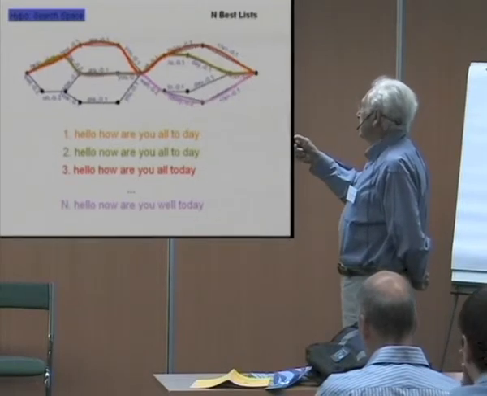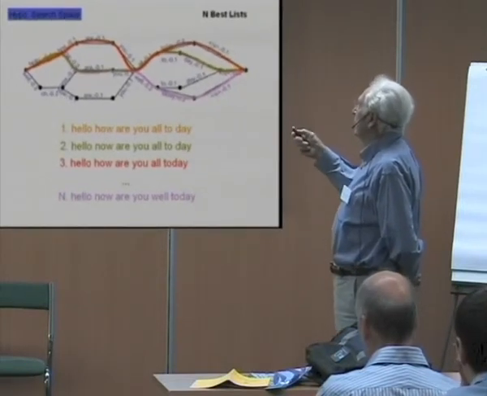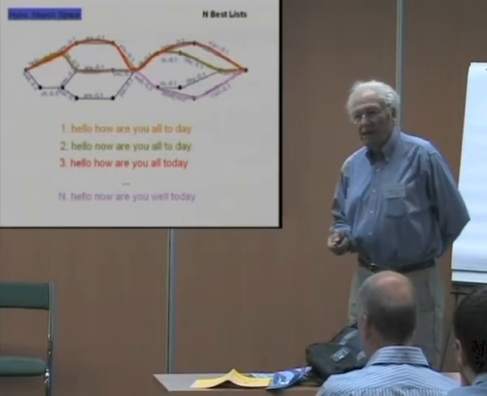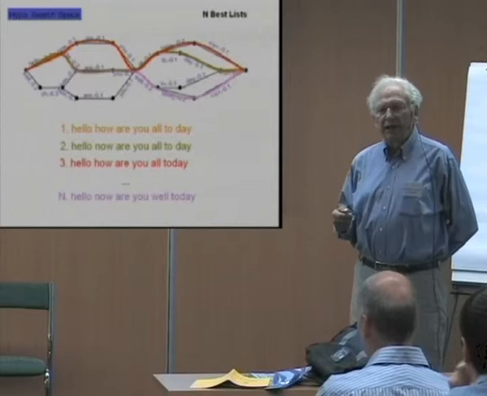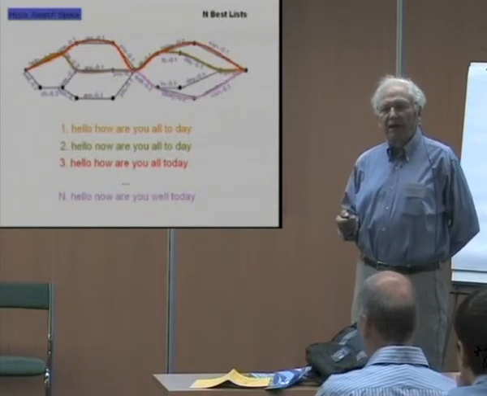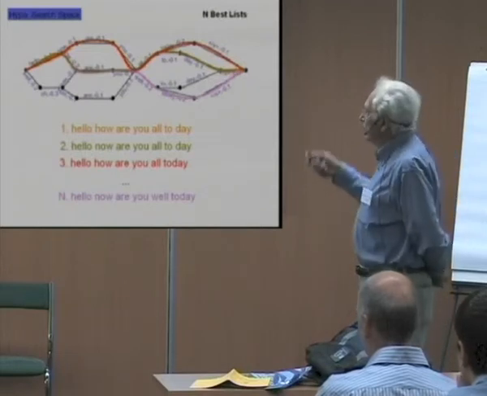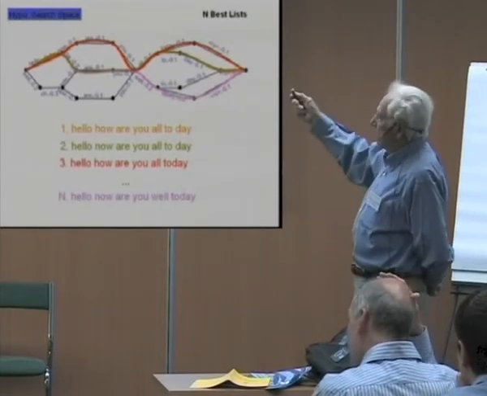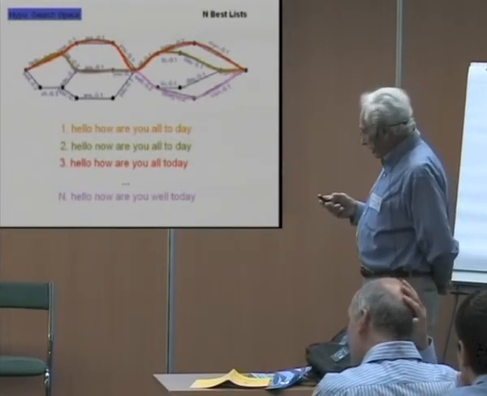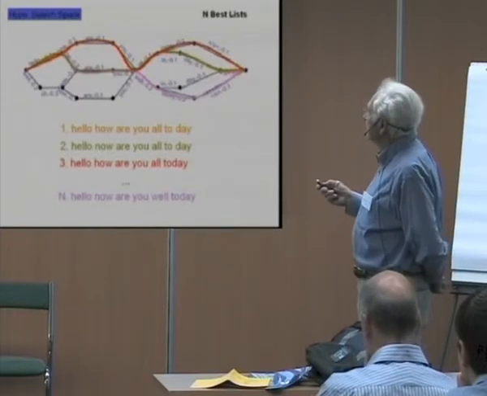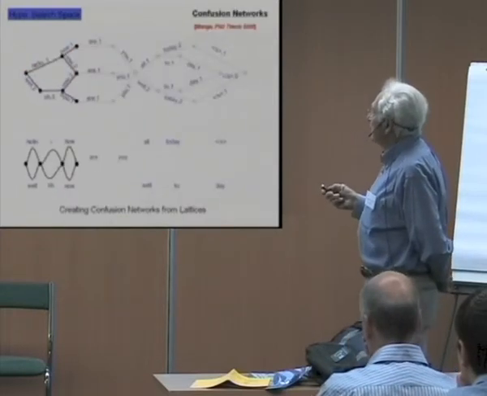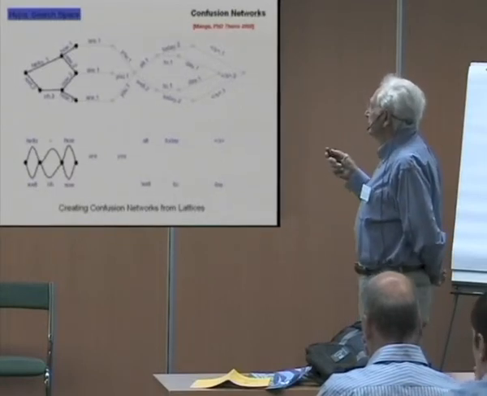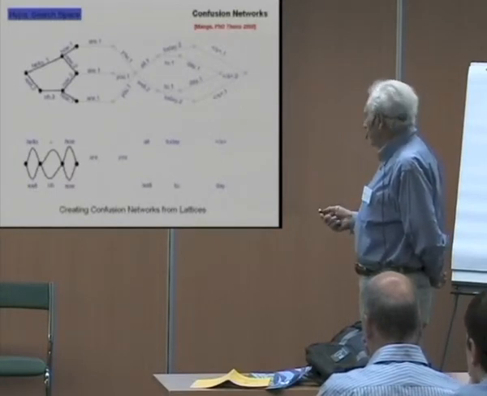And then there is another sentence, hello, now are you all today, etc. And if you use a complex language model, then you have to do it from an n-best list, which is derived from the lattice. However, there is a way to simplify the lattice into a so-called confusion network.